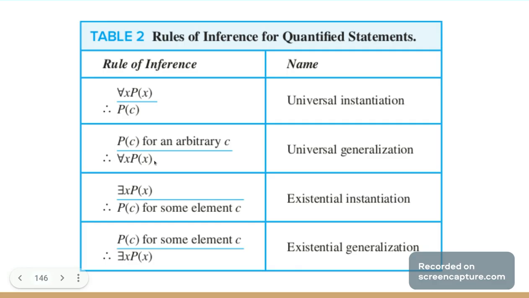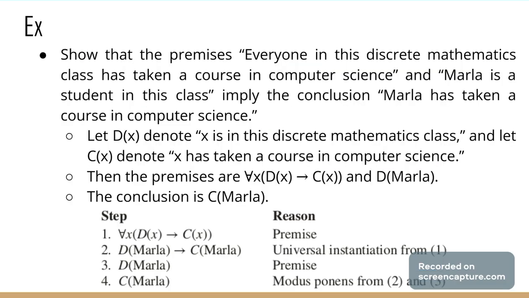And existential instantiation is: there exists x, P of x is true, so there is a P of C for some element C. And if there is some element for which P of C is true, then there exists x, P of x is true. These are the universal instantiation, universal generalization, existential instantiation and existential generalization rules of inference.